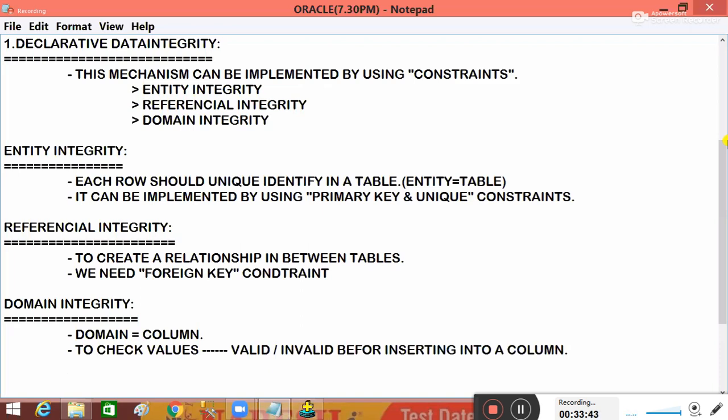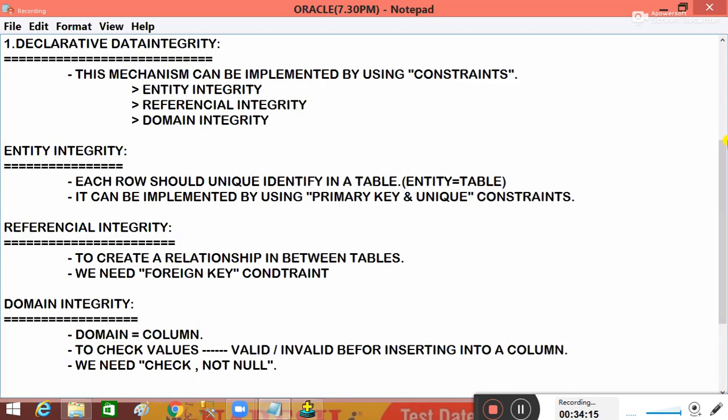If it is invalid, it is not accepted. How can it be implemented? We use two constraints here: check and not null. These two constraints are used to check your values, either right or wrong, valid or invalid, true or false, with the help of domain integrity.